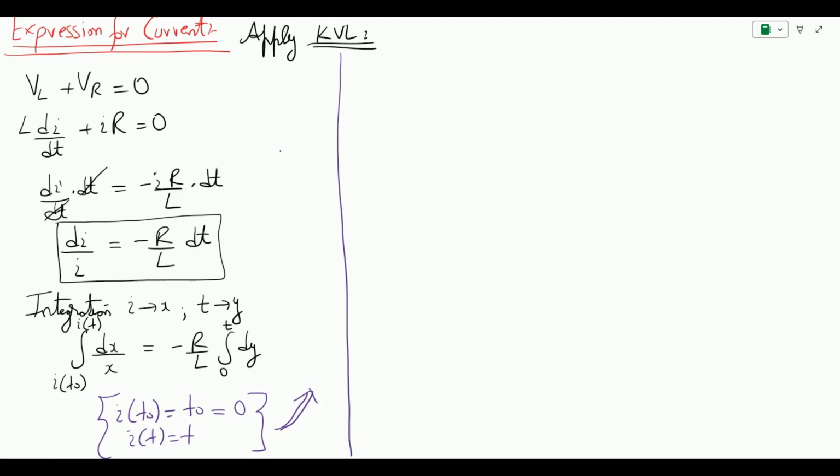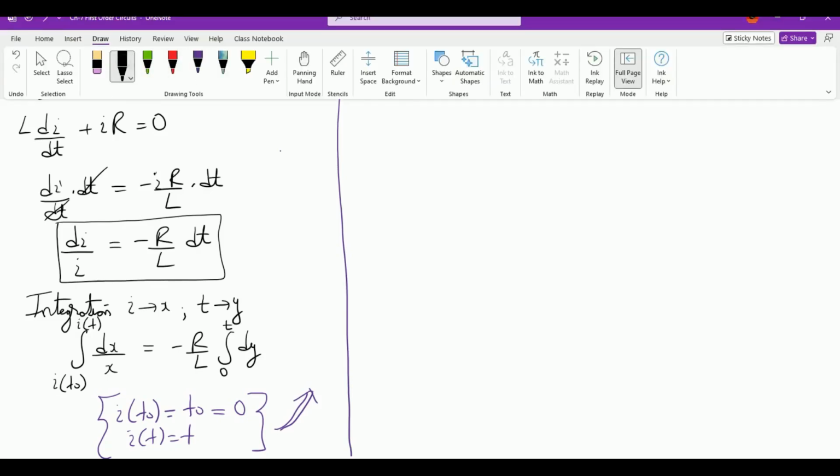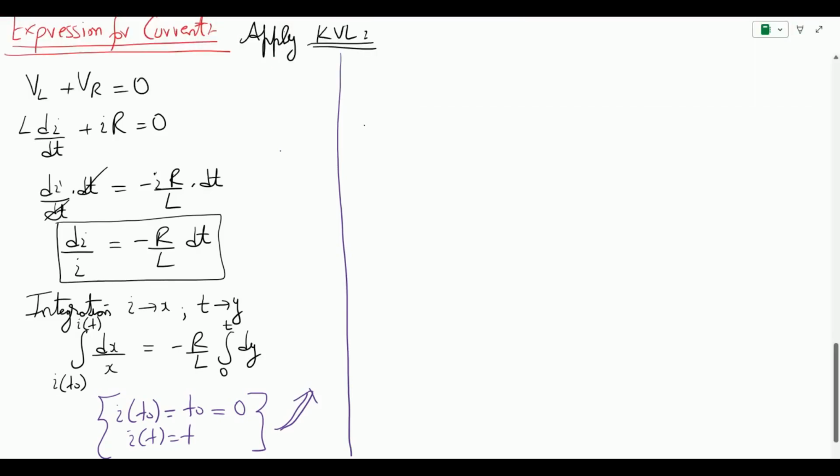So now let us proceed by simplifying the integration. So the integration and the limits, if I put, 1 by x integrated becomes natural log of x. So I'm going to say ln x, where x will range from I naught to I of t, and then on the other side we have negative R by L. You integrate dy, so you just get the value of t and you put the limits 0 to t.